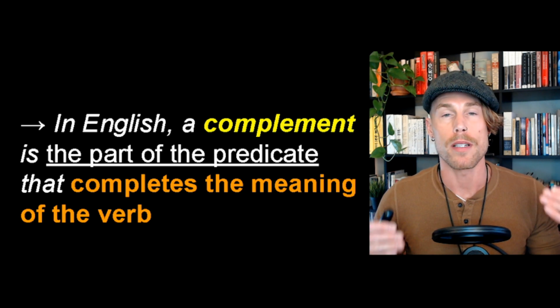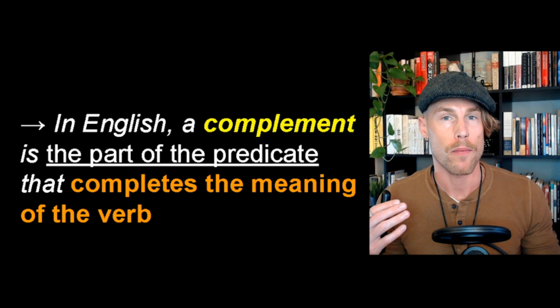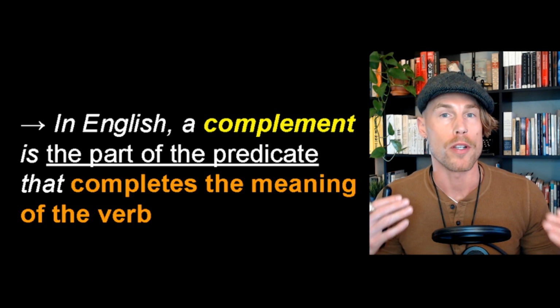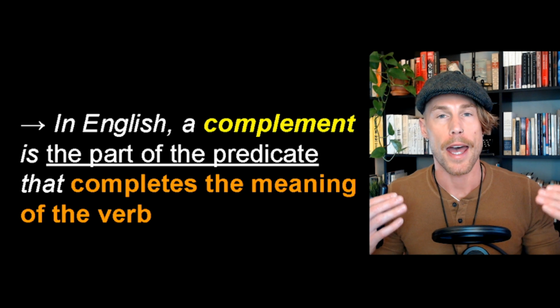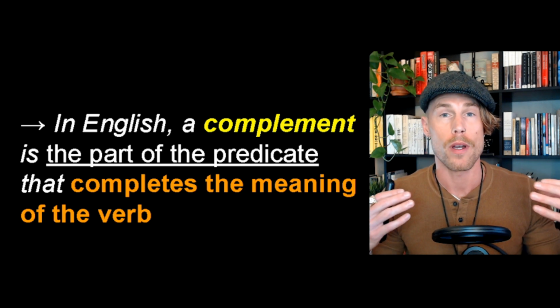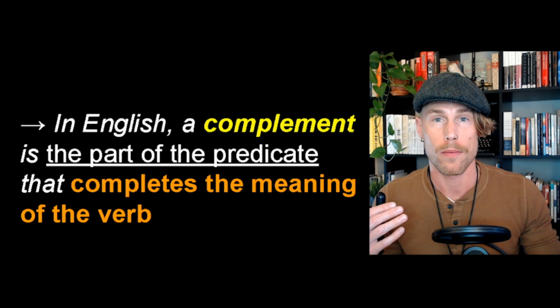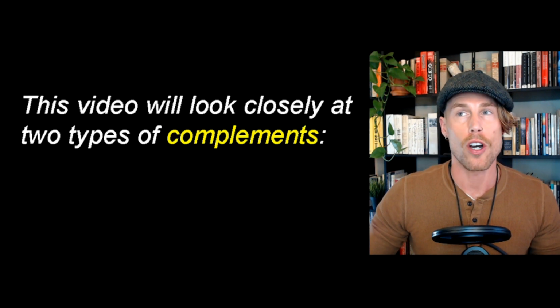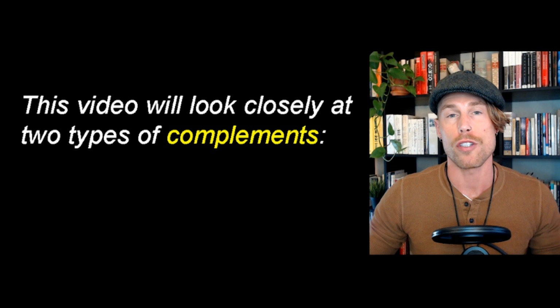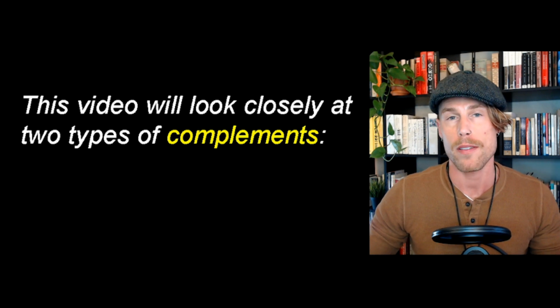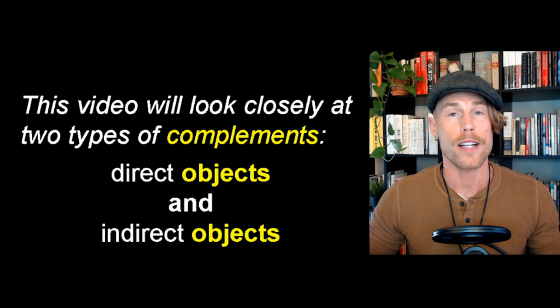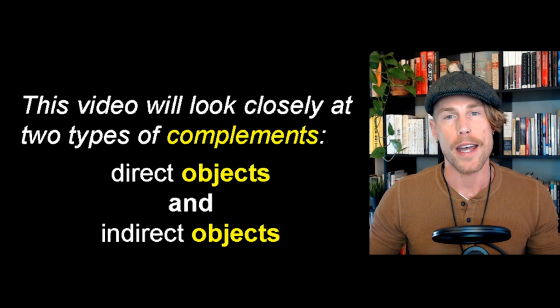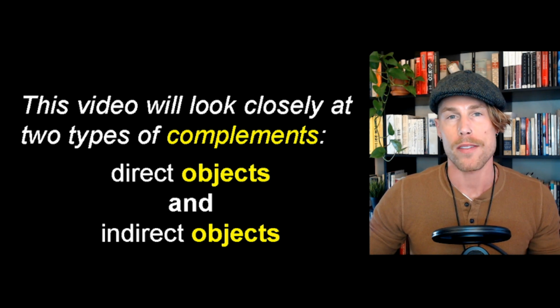The verb does something. What does the verb do? And what does the verb do it to? This video will look closely at two types of complements: direct objects and indirect objects.